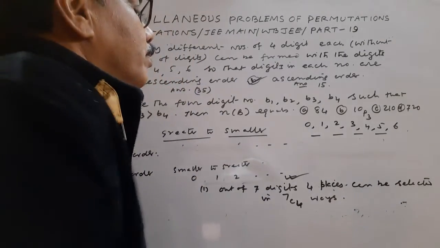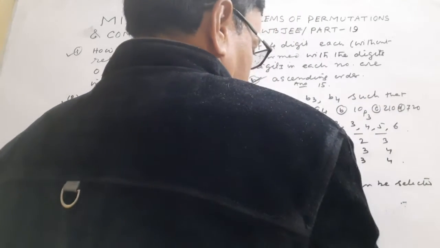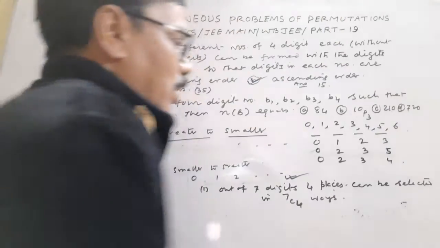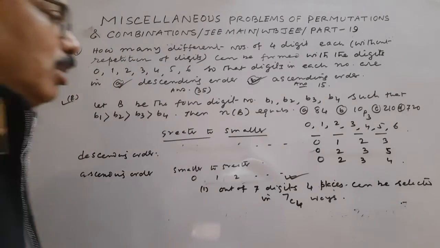So suppose 0, 1, 2, 3, then 1, 2, 3, 4, or 0, 2, 3, 4, or 0, 2, 3, 5. You can take it in this way also.